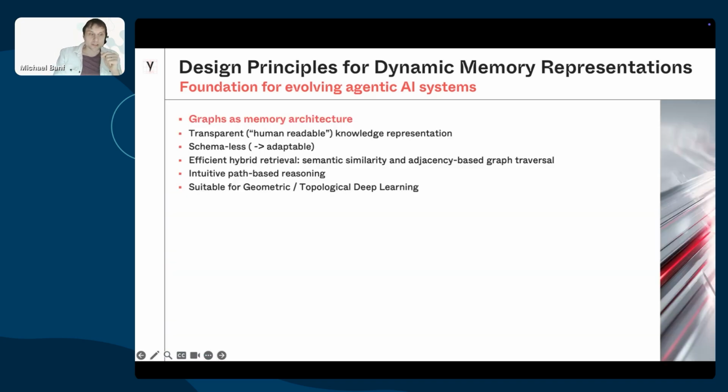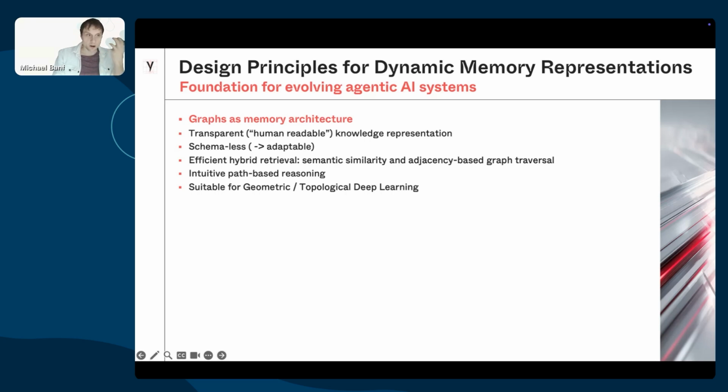I already mentioned graphs. First of all, the selection of a suitable memory architecture to hold context and context history, for us, is graphs. Graphs by nature have a very transparent, human-readable knowledge representation form. As they are schemaless, they're inherently adaptable to changes and to retrieval tasks.